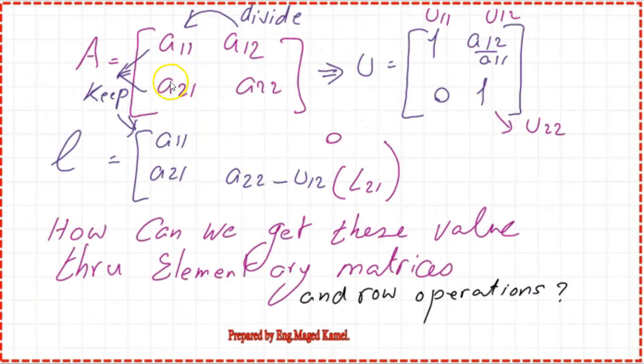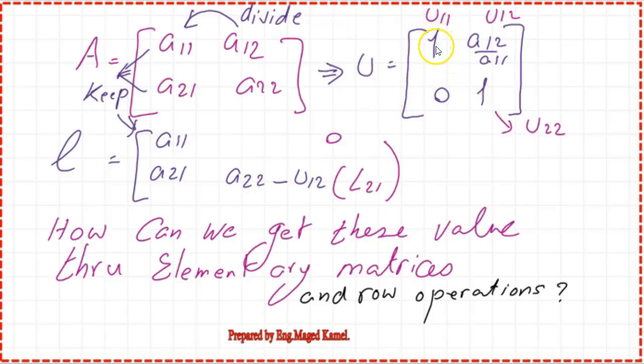So we have here matrix A11, A12, A21, A22. We keep A11, A21. They will come to the lower matrix, and this item in the lower matrix is 0. Then this item is A22 minus U12 by L21, while for the upper matrix we have two diagonals.